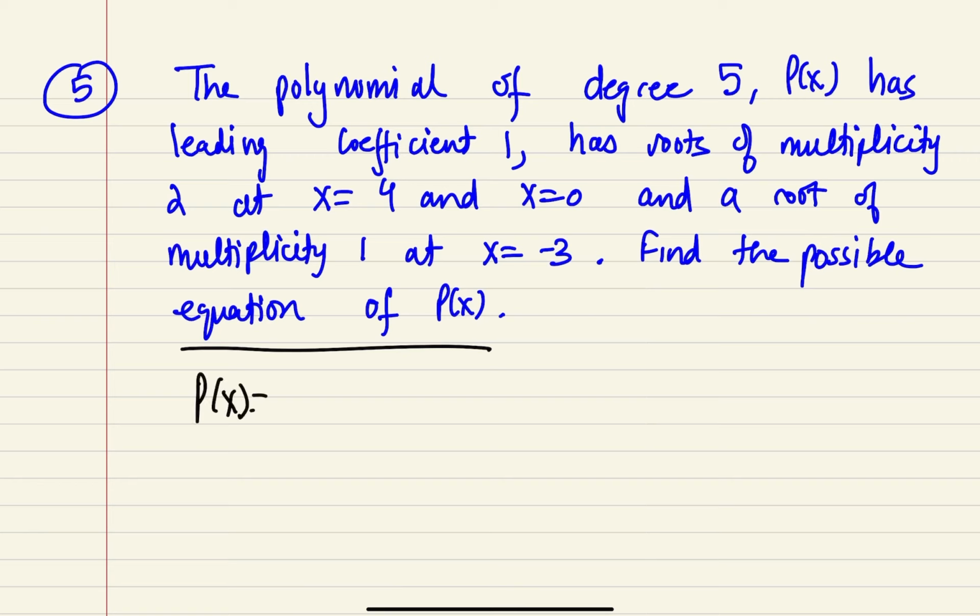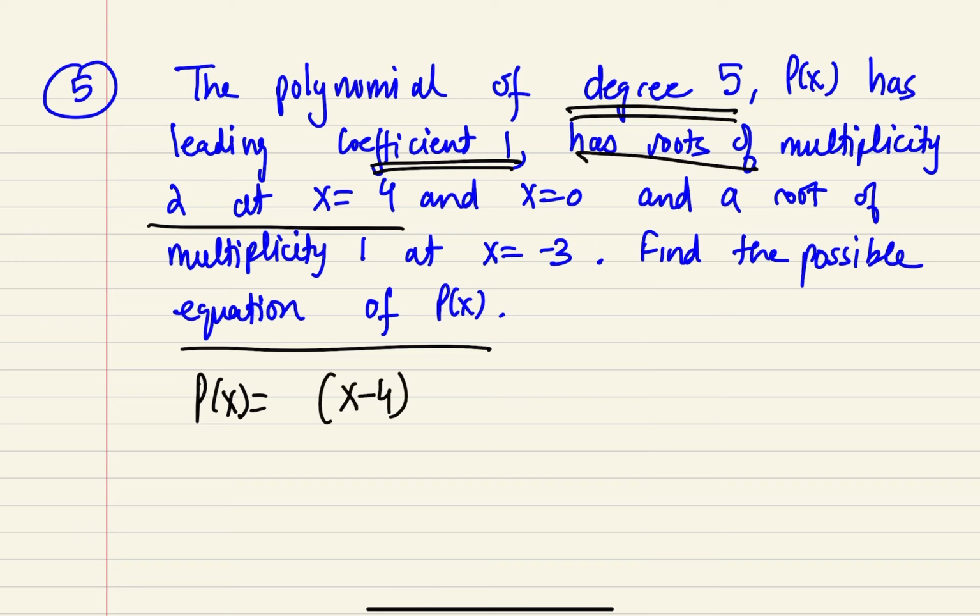So we can go ahead and start by saying the polynomial has degree 5. It has a leading coefficient of 1, which is good information. If the leading coefficient was something else, we would have to consider including that in the picture. The multiplicity of the root is 2, and the root is x equals 4.